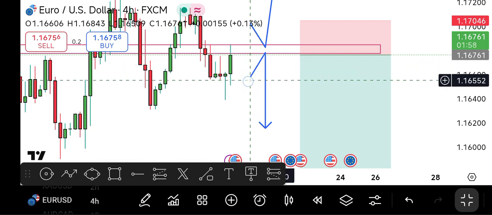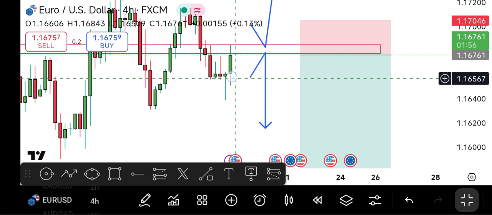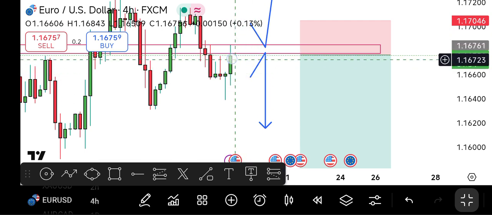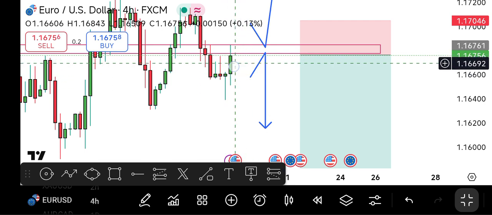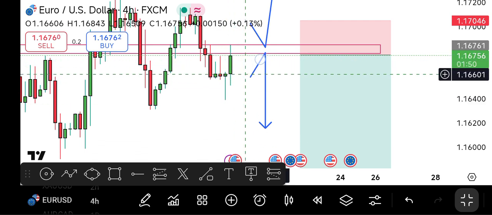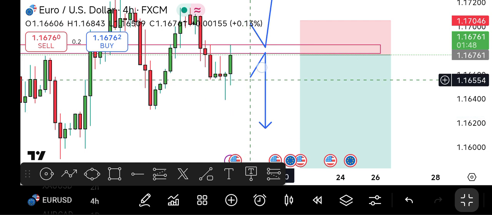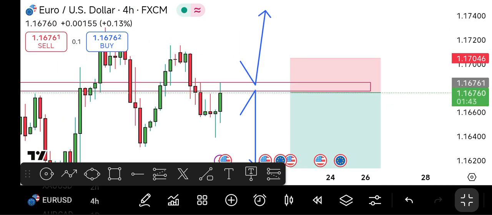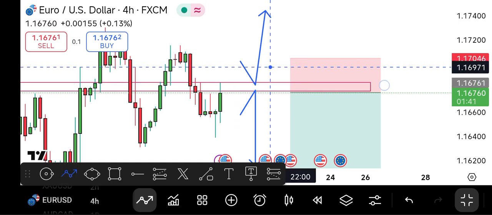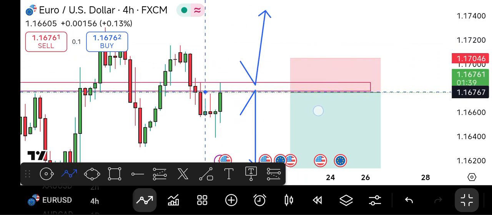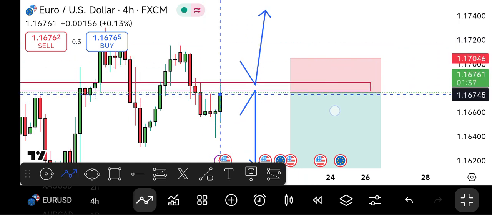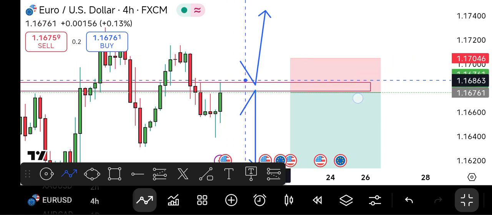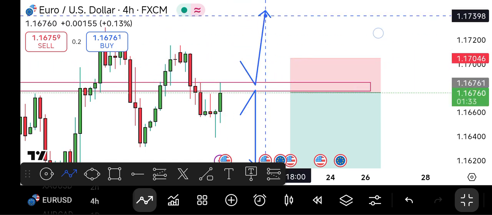So the only confirmation that we are looking for right now is that after this candle closes, we'll be looking for a clean bearish engulfing candlestick. Or if the market doesn't move that way, we'll be expecting a clean break and retest to the upside. It breaks this level of support and resistance to the upside, then retests this level again, then moves to the upside with some confirmation for us to enter.